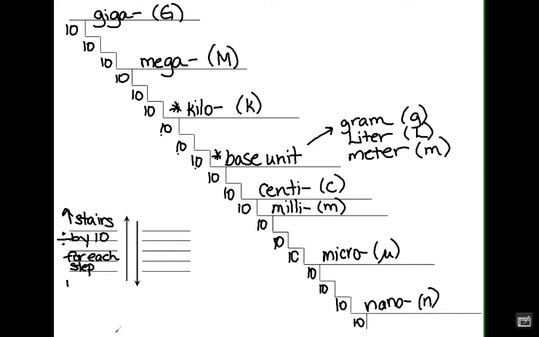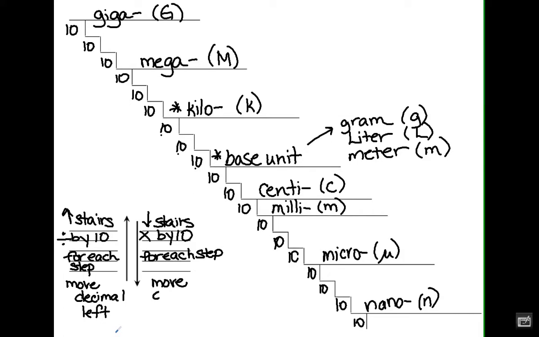So that means I'm going to move my decimal to the left. If I'm going down the stairs, I'm going to multiply by 10 for each step. And I'm going to move my decimal right.